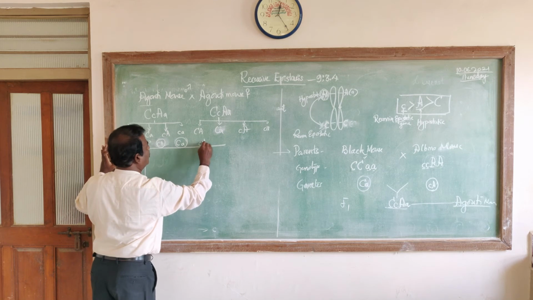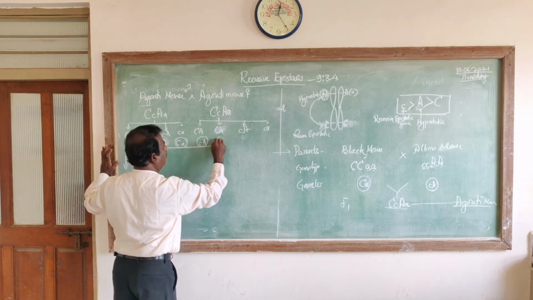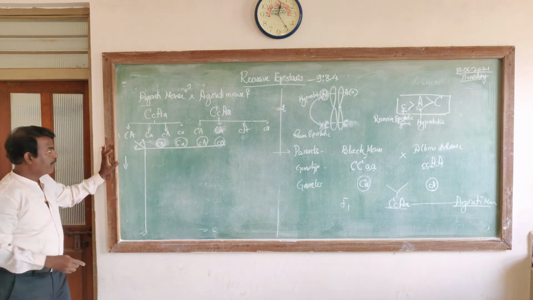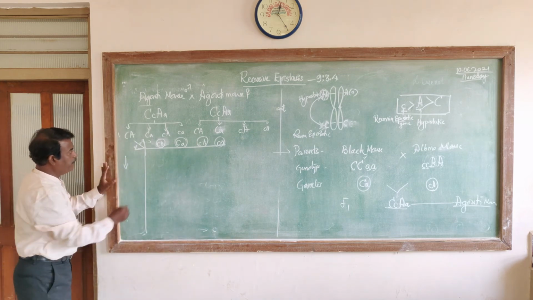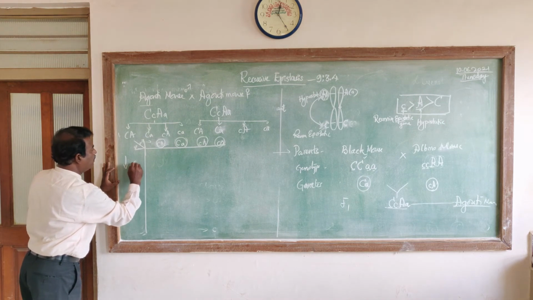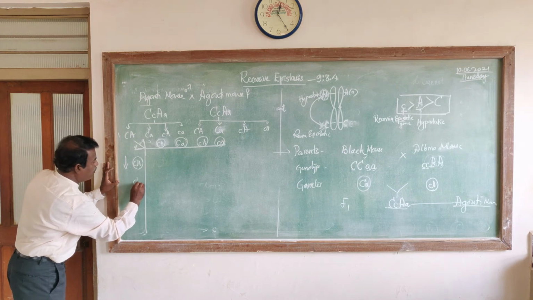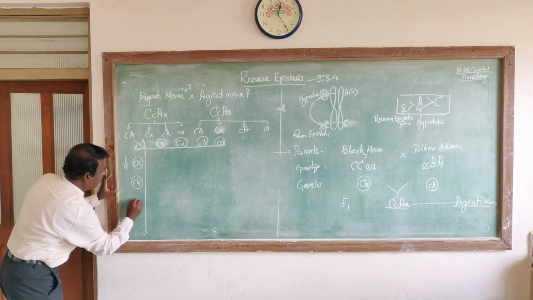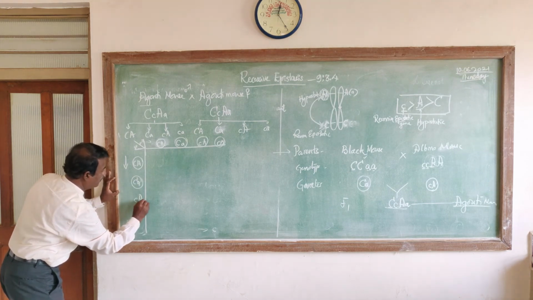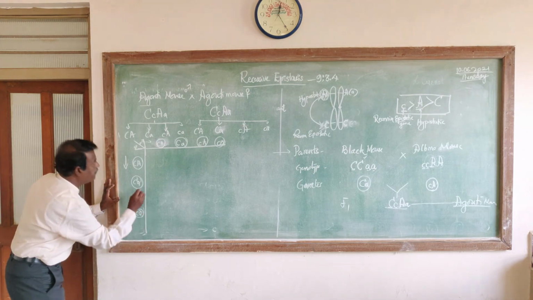Third, small c, capital A. Last one, small c, small a. And similarly in the female, the same combinations: capital C, capital A, then capital C, small a, and then small c, capital A, and last one small c, small a.